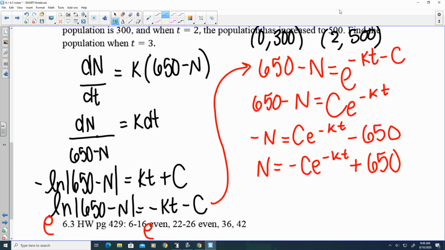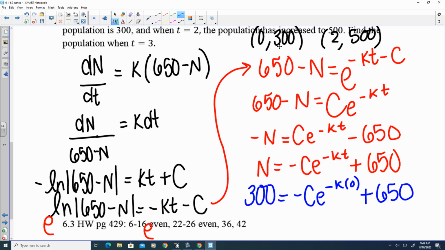And we need to plug in our initial condition, 0, 300, to figure out what c is. And when I solve for that, I'm going to get c equals 350.